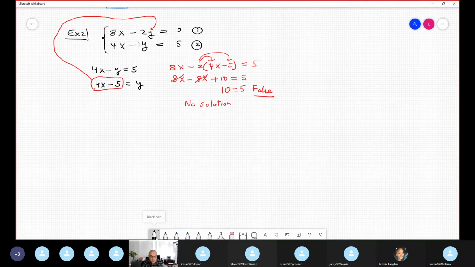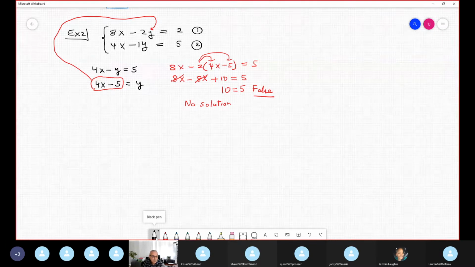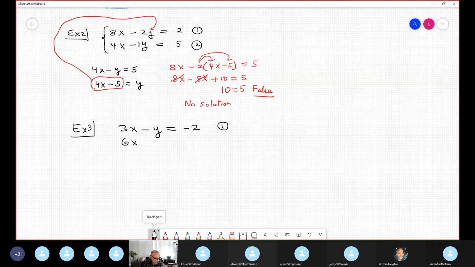Okay, now example 3. Example 3 is 3x - y = -2. It's equation 1. And we have 6x minus 2y equal -4.